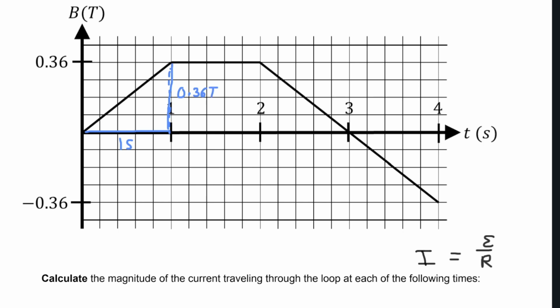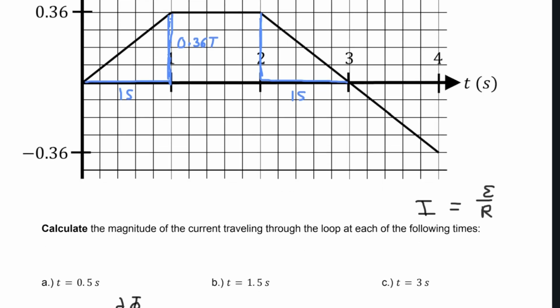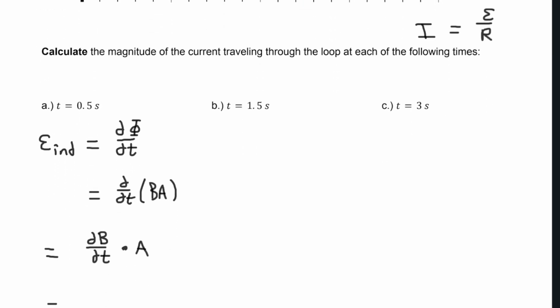Then it's held constant for a while. And then it also takes 1 second to decrease by 0.36 Tesla again. So we're going to get equal currents as the field increases and decreases, and zero current when it's held constant.